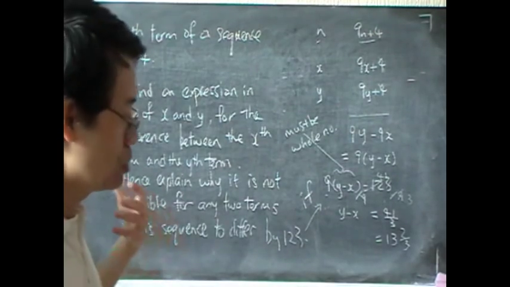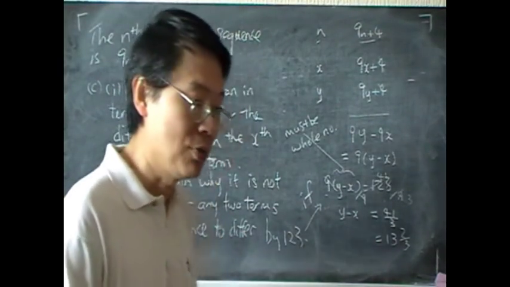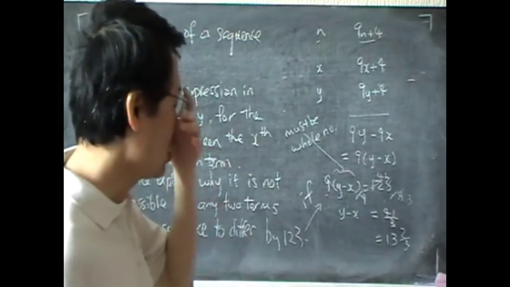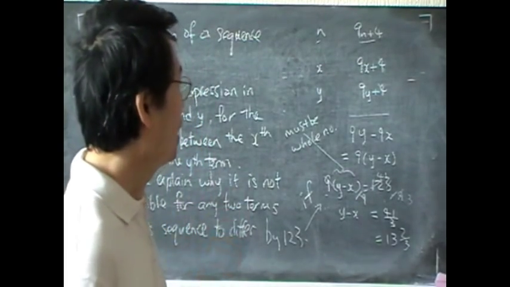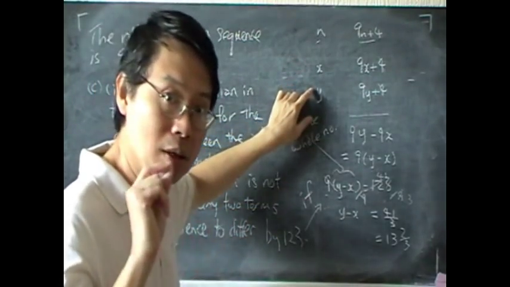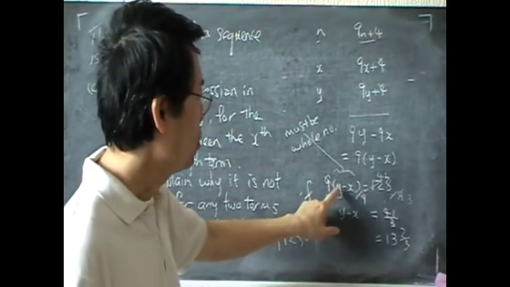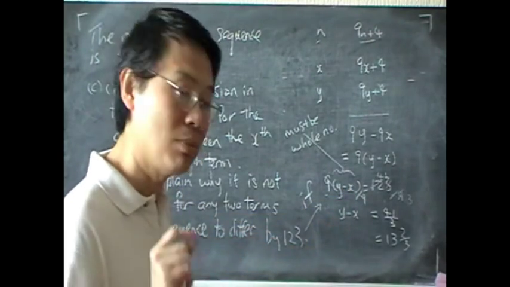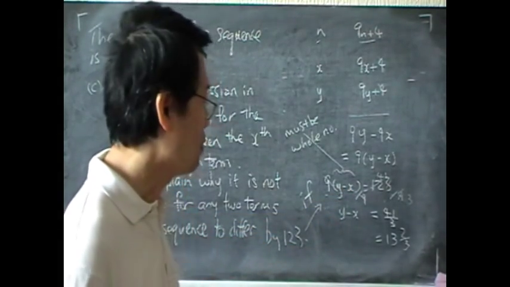If you have to explain your answer in the working, what you would say is, because x and y are whole numbers, y minus x must be a whole number.